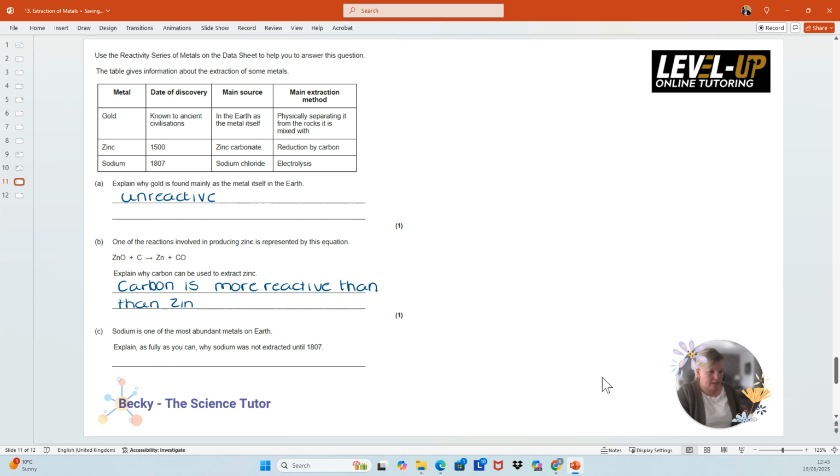And then our final question, sodium is one of the most abundant metals on Earth. Explain why sodium was not extracted until 1807. Basically, that sodium is far too reactive. It's just going to bond and react with other things.